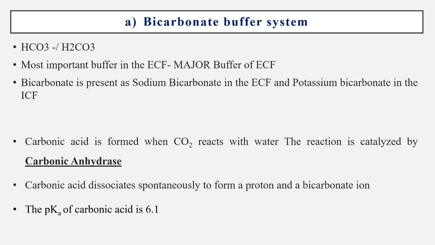Next, coming to the bicarbonate buffer system. An example of the bicarbonate buffer system is bicarbonate and carbonic acid. The most important buffer in ECF is the bicarbonate buffer. This bicarbonate buffer is present as sodium bicarbonate in the extracellular fluid and potassium bicarbonate in the intracellular fluid.